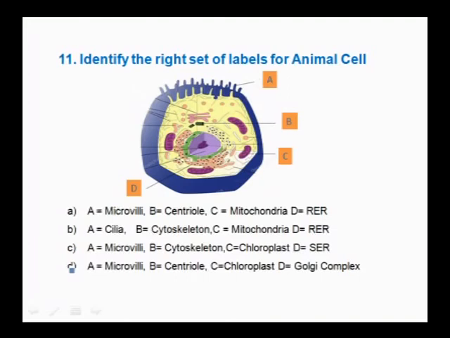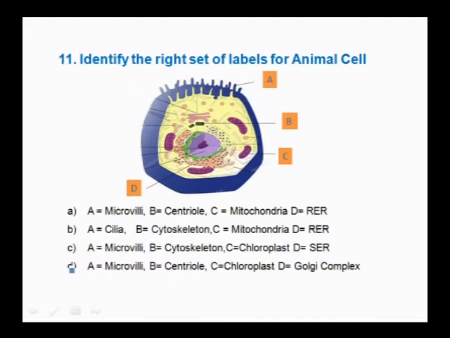B option has got cilia, cytoskeleton, mitochondria and RER. For C, we have got microvilli, cytoskeleton, chloroplast and SER. For D, microvilli, centriole, chloroplast and Golgi complex. So the answer for this one, we can clearly see it there.